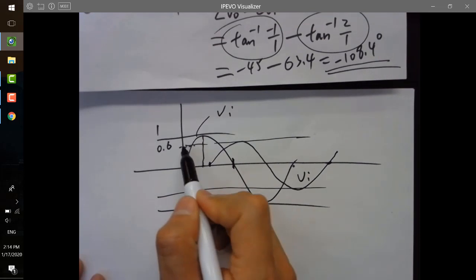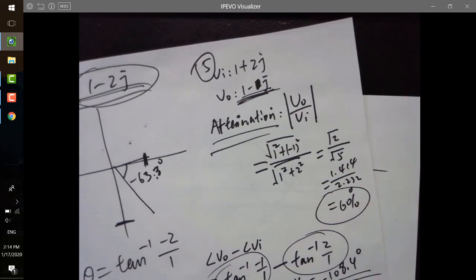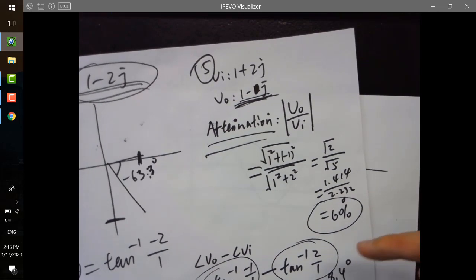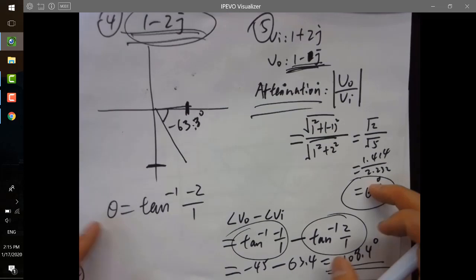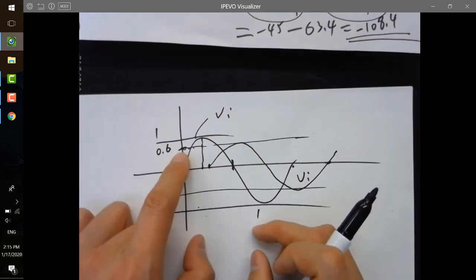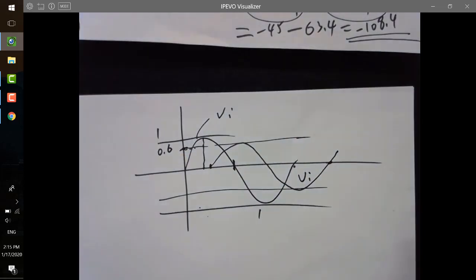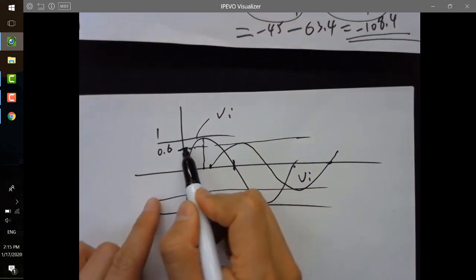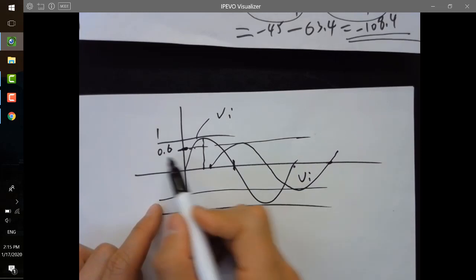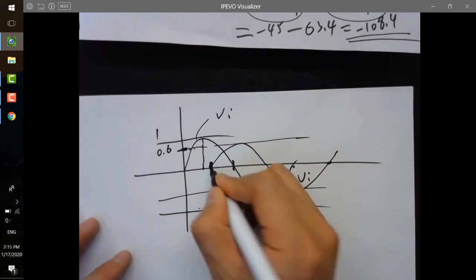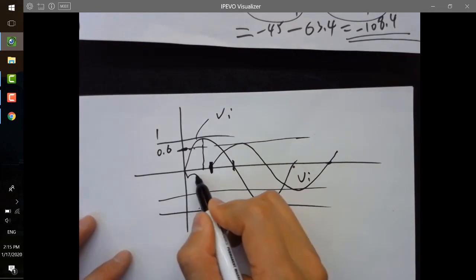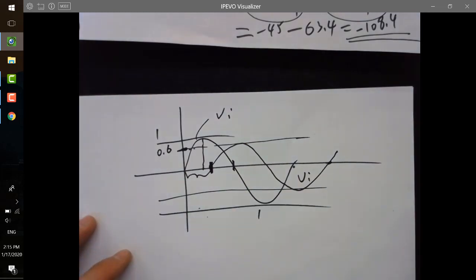Whatever you calculate here is probably not exactly 60%, I just roughly calculated. Whatever number you get, you just label that over here. You don't need a ruler to calculate. Just roughly draw that signal and tell me what the output amplitude is, and point to the time delay point and tell me what the time delay is. Just label that on the paper when you're doing the homework.